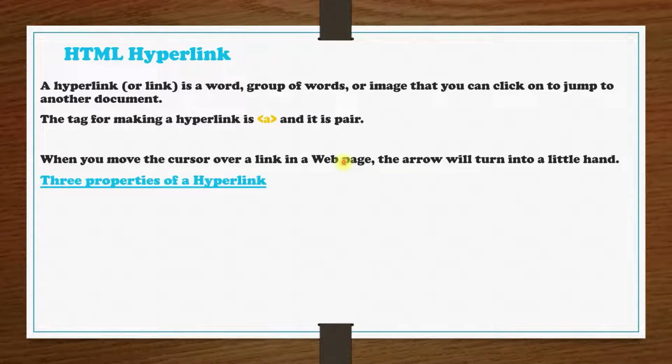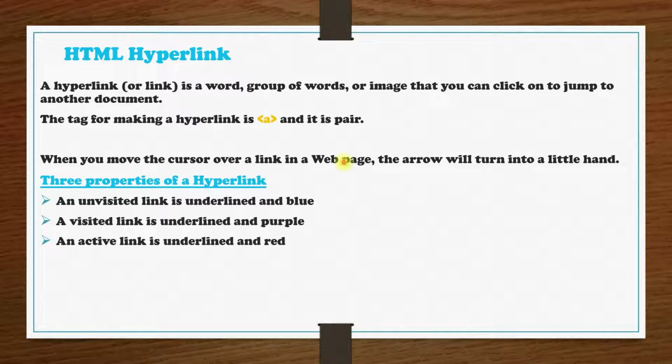And the three properties of a hyperlink. Look, a hyperlink has three properties. The first thing is an unvisited link is underlined and blue. Second, a visited link is underlined and purple. And the last one, an active link is underlined and red.